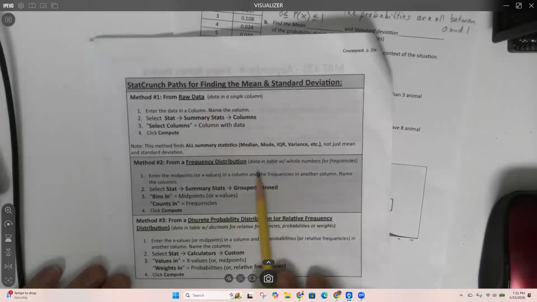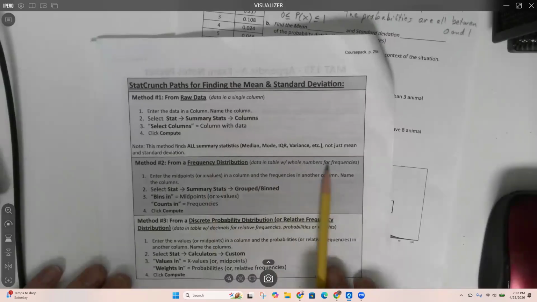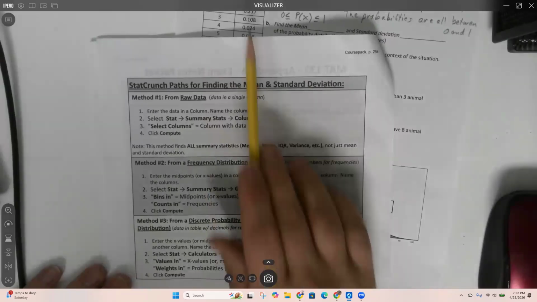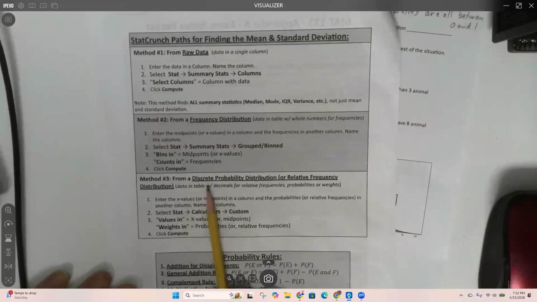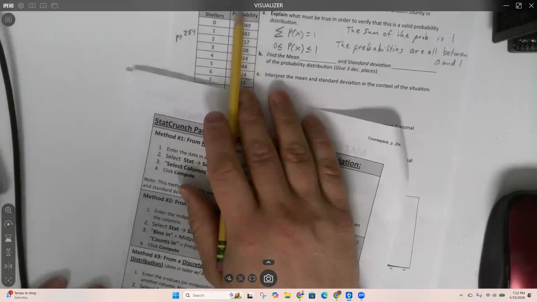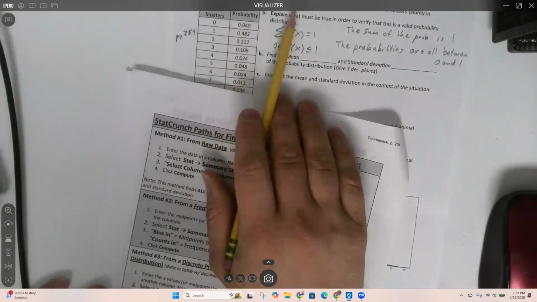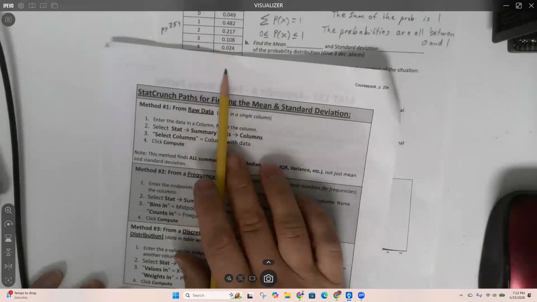Frequency distribution is if I have a table with whole numbers for frequencies. I do have whole numbers here, but these are not my frequencies. These are probabilities. I have a discrete probability distribution, and I know that because it says right here, following probability distribution. In a probability distribution, you have one column that is whole numbers and one column that's probabilities.